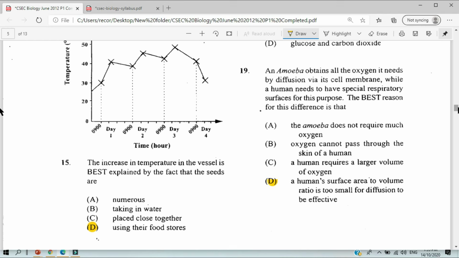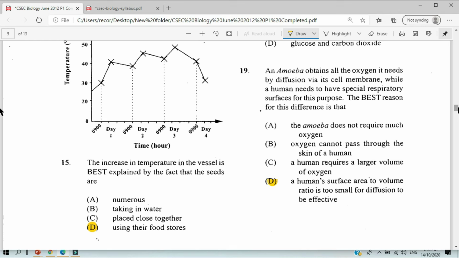The human surface area to volume ratio is small for diffusion to be efficient. And what that means, if you were supposed to look at the amoeba, it's pretty much flat like a sheet of paper. So it's very easy for that oxygen to pass through.